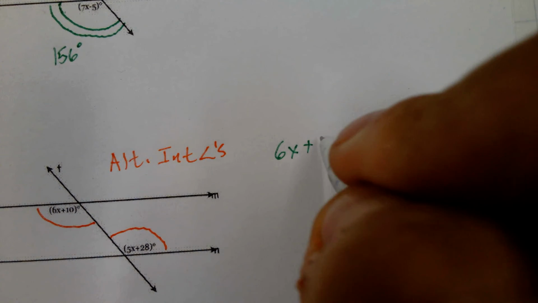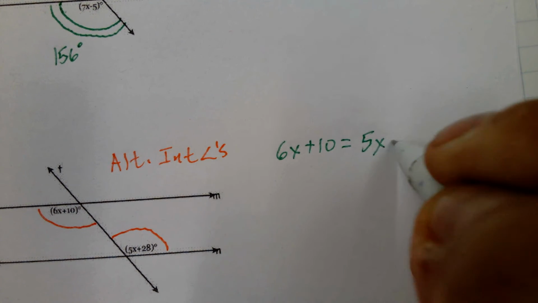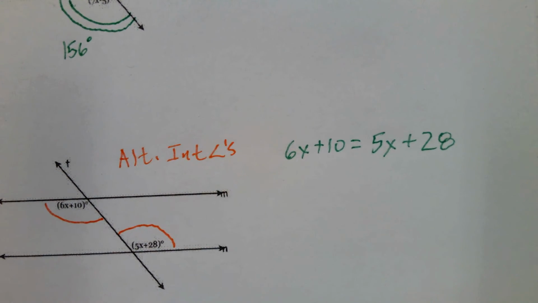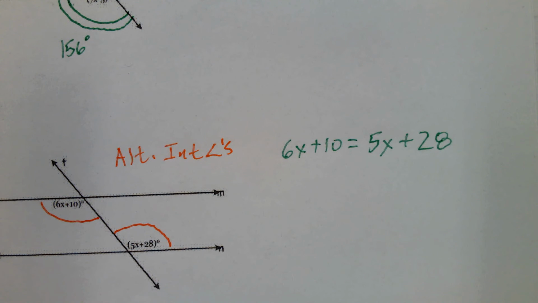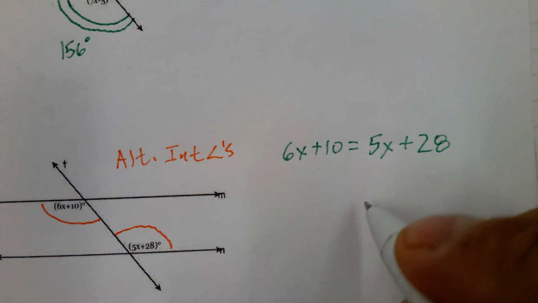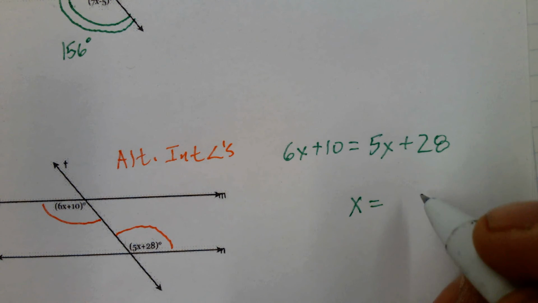So the equation we could set up is 6x plus 10 equals 5x plus 28. And now we just have an equation with variables on both sides. So we would solve that. And it's actually an easy one because when you subtract 5x, you just get x on the left. So we're going to get x equals 18 degrees.